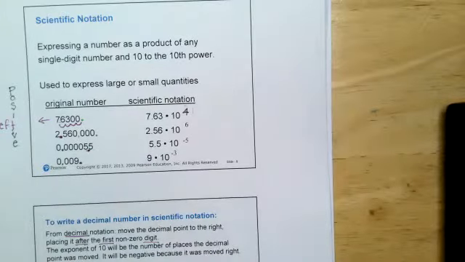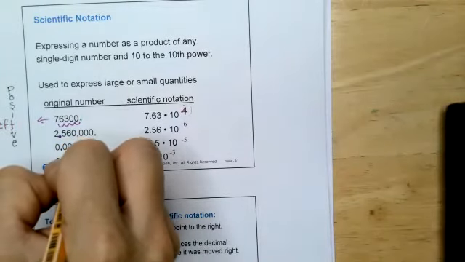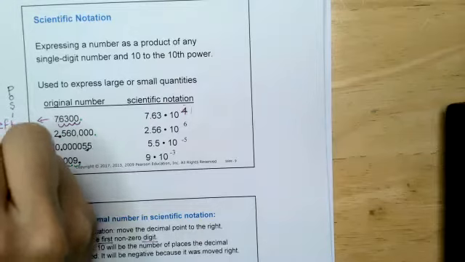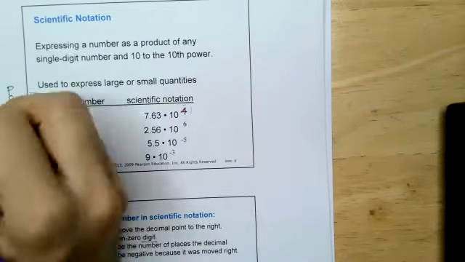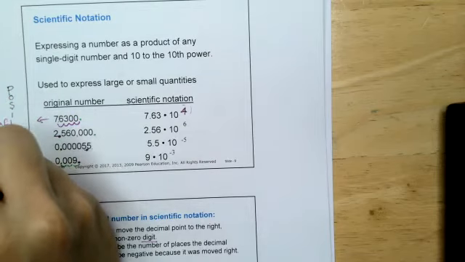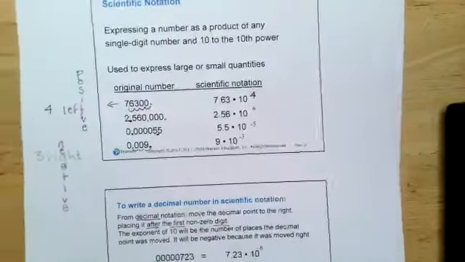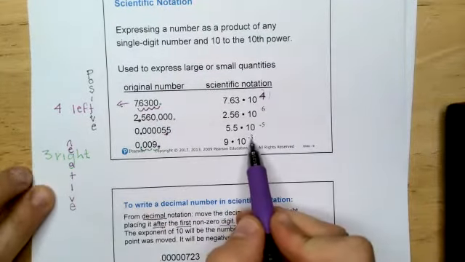If we have to move them to the right, like here, we will move it 3 to the right. Negative. Okay, so if you're moving your decimal point to the right, your exponent's going to be negative.